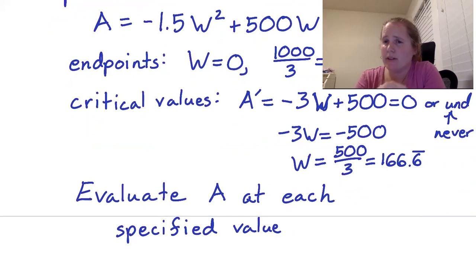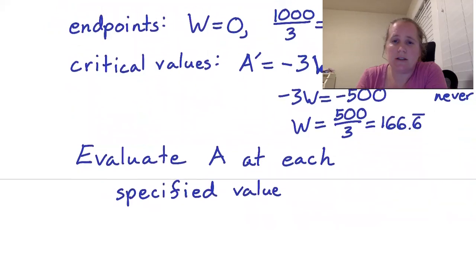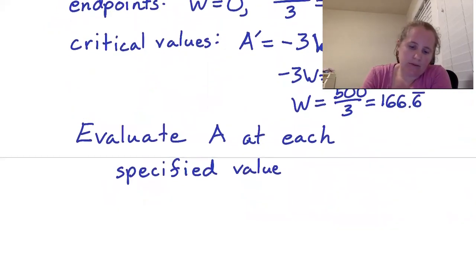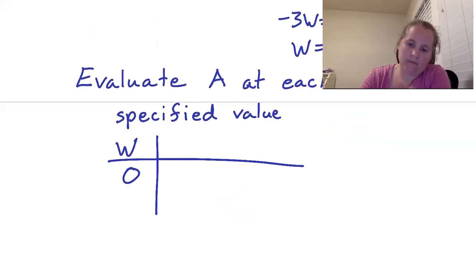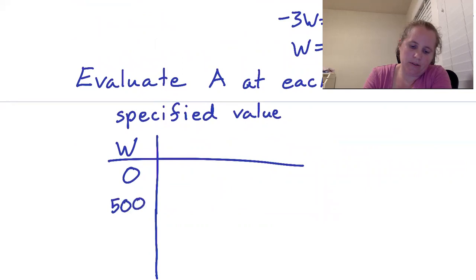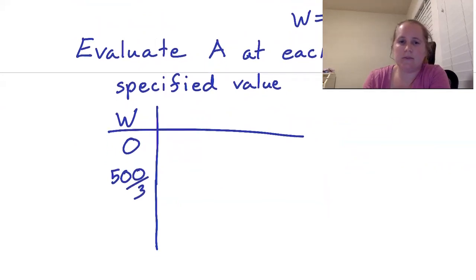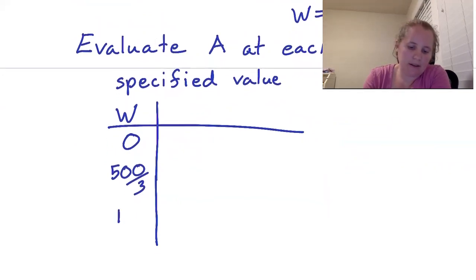But again, if the function squiggles more than just a parabola, you will likely want to just do the endpoints and critical values checks. So for W, we're going to check at 0, then 500 thirds, or 166.6 repeating, and then at 1,000 thirds.